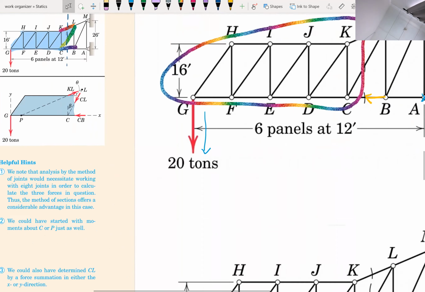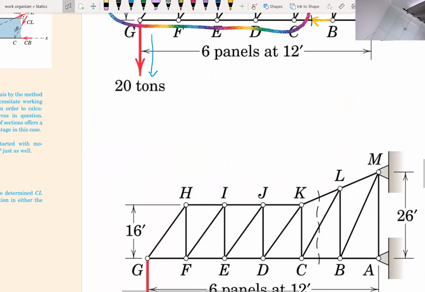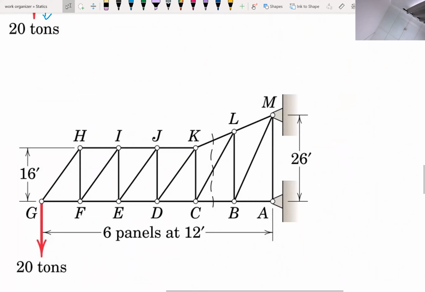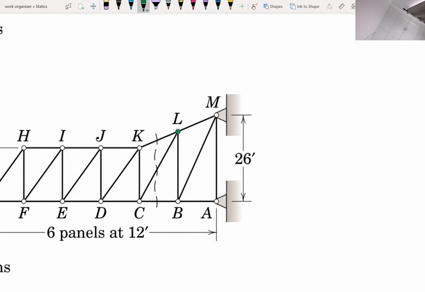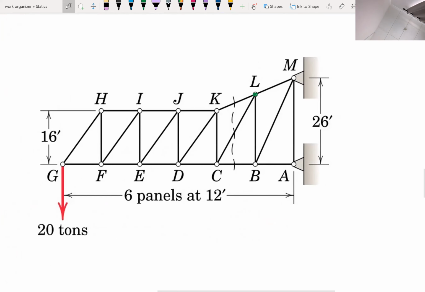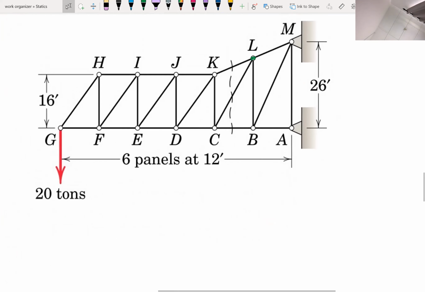So here, we take joint L first. This is L. Summation of moment at L should be equal to 0.